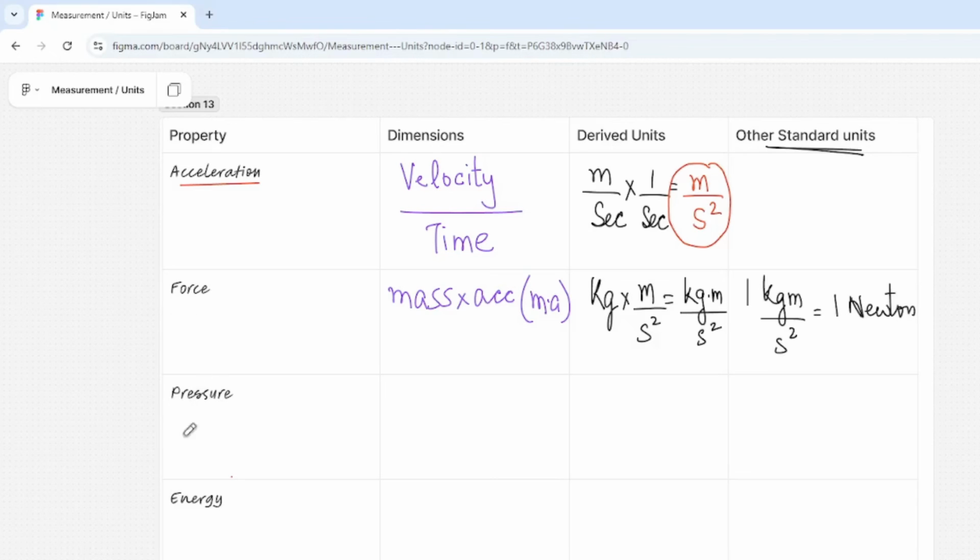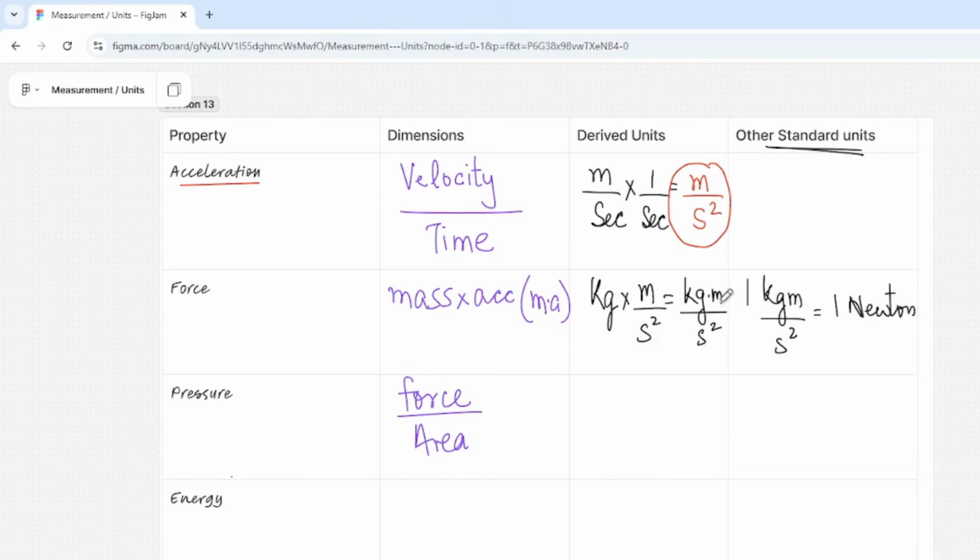Third is pressure. What is pressure? Pressure is force per unit area. So the dimension of force is divided by the dimension of area. Now to find the derived unit, we will first write the unit of force.